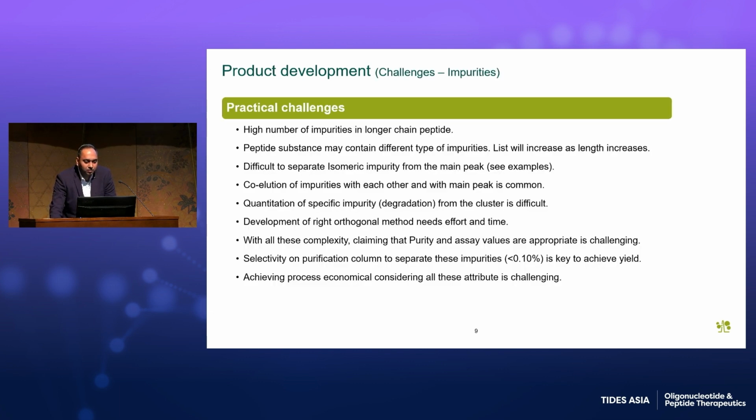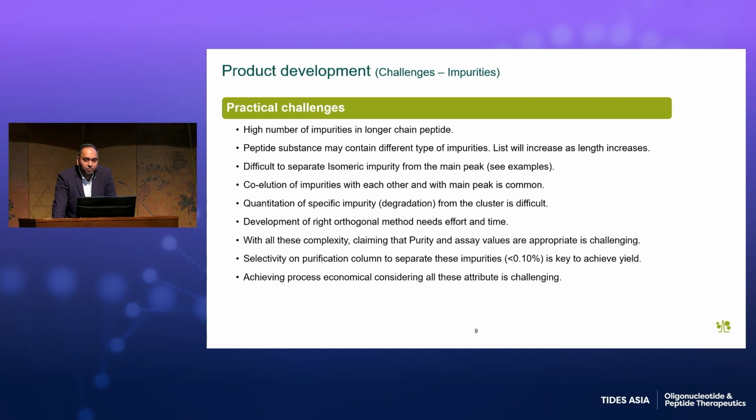So this slide is about the practical challenges which we typically face during product development. You will see that as the length of the peptide increases, the higher number of impurities would be there. And we have seen practically, and I will show in the example also, it's difficult to separate the isomeric impurity from the main peak.